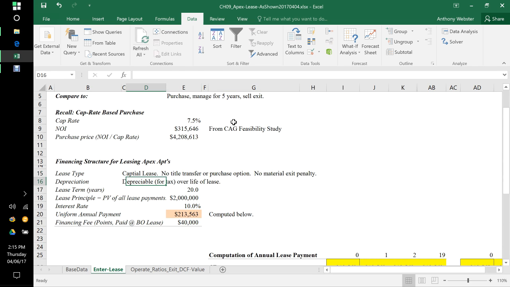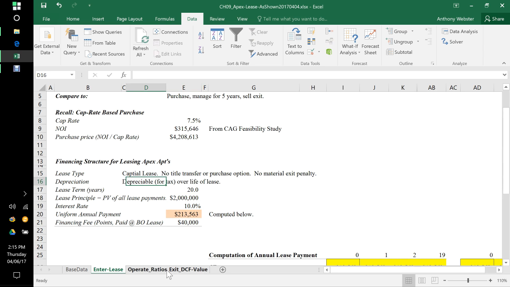And you're told here that the depreciation for taxes is over the life of the lease, which is 20 years. The depreciation for a lease is always PV divided by either the life of the lease or that 27.5 or 39, and we need to be told whether it's over the life of the lease or not.